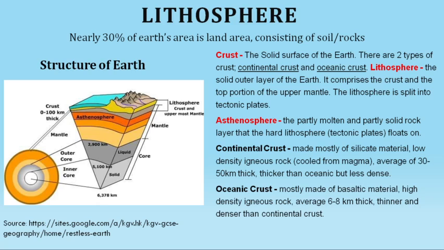Then below the crust, we have the middle layer, which is known as mantle, and it starts from 100-kilometer depth and extends up to a depth of 2,900 kilometers. The upper layer of mantle is known as asthenosphere. Asthenosphere is the partly molten and partly solid rock layer that the hard lithosphere, or you can say tectonic plates, float on.